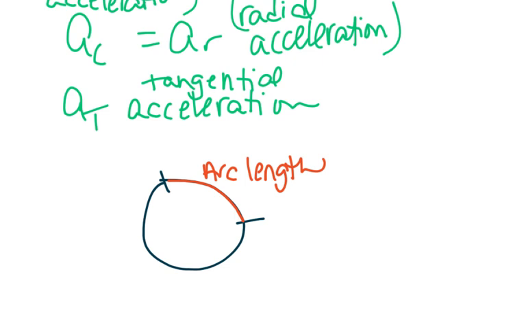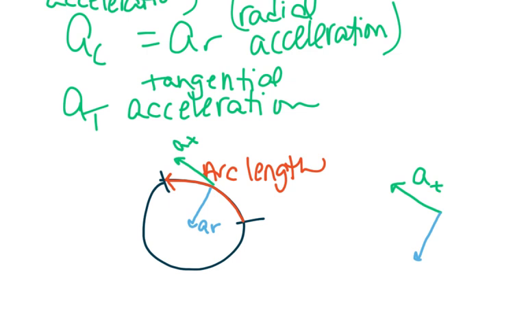Our radial acceleration would go towards the center. If this was an object moving counterclockwise, it would have a tangential acceleration in that direction. And then it has an overall direction, which we get by just doing the vector addition. So that's my tangential. This is my radial.